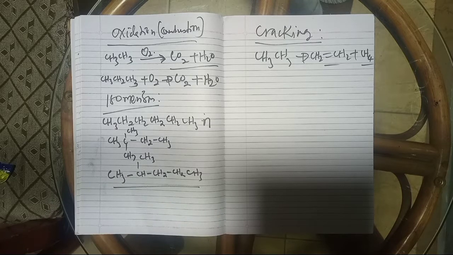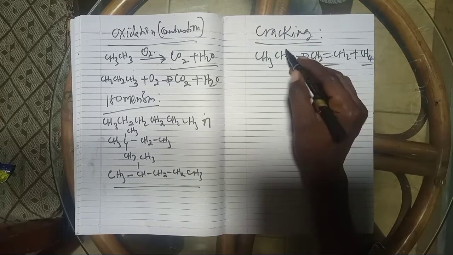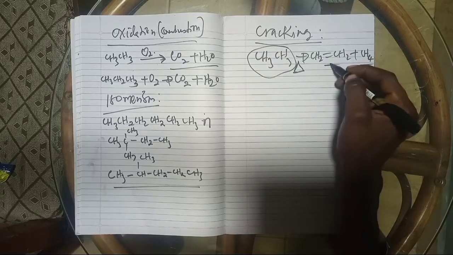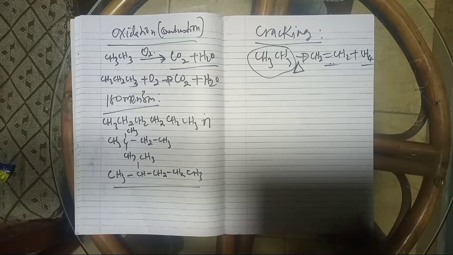It is all about the breaking down, the decomposition of the compound by heat. Kwa maana yake kama hii hapa inakuwa decomposed by heat to produce ethylene and methane. Hizi ndo chemical properties ambazo jumla tunaweza tukazungumza.